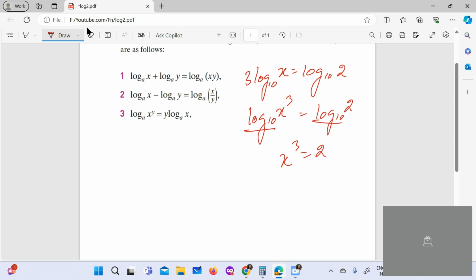Okay, so we have to find the value of x, not x cube. So we have to make this one as x. We can do one thing, x to the power of 3, you multiply by 1 over 3, and because we have given the power 1 over 3 here, we will put it here as well. So this 3 and 3 cancel, so you get x, and this becomes 2 to the power of 1 over 3. Is this clear?